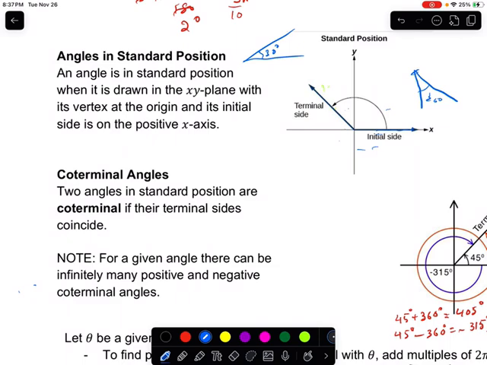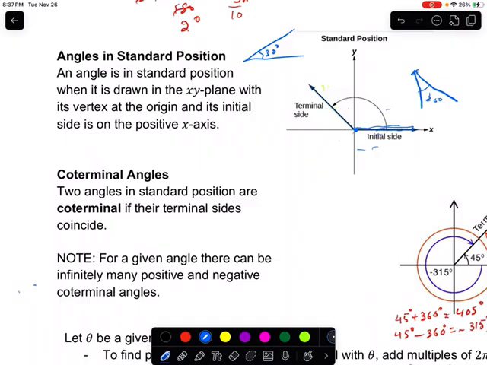Standard position is basically when the vertex coincides with the center of the unit circle, and the initial side coincides with the positive x-axis, which is where we begin measuring our angle. It's the zero of our angle measure.